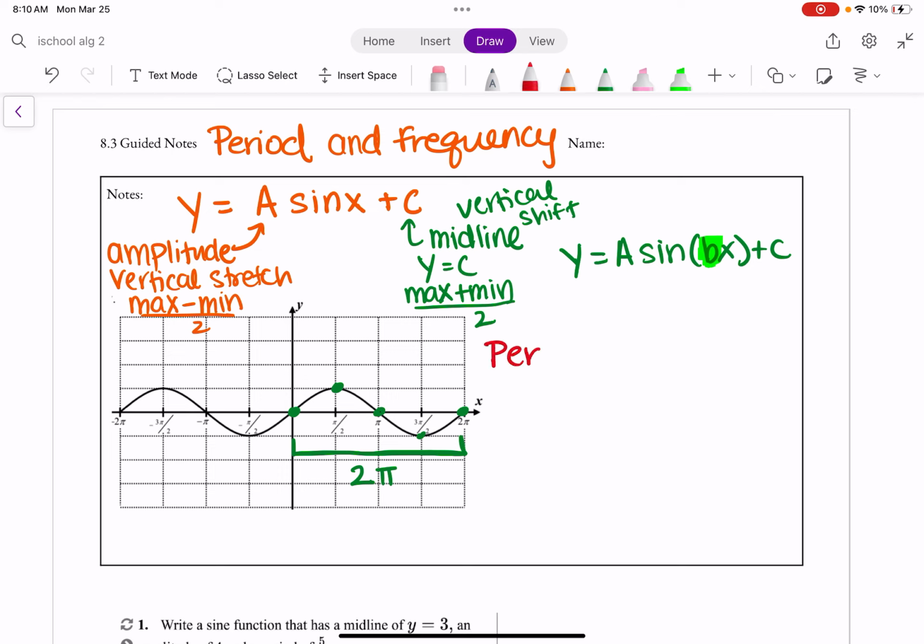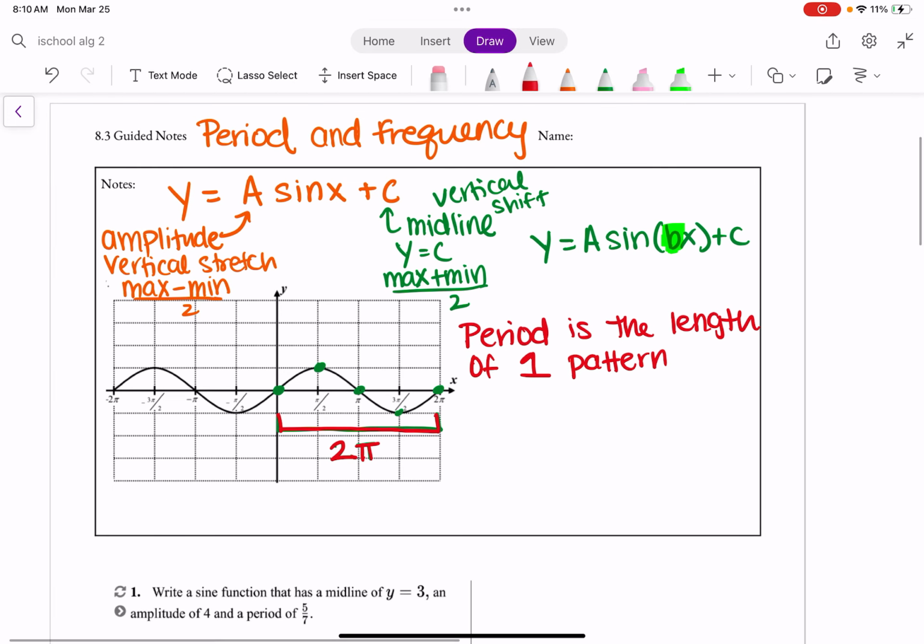So let's define that. The period is the length of one pattern. In a basic sine curve, it's always going to be 2 pi. But sometimes the period can be shorter. Maybe the pattern ends at pi, which in this case would look like this. The period is way shorter. The pattern 0, max, 0, min, 0 now ends at pi instead of 2 pi, so the period is smaller.